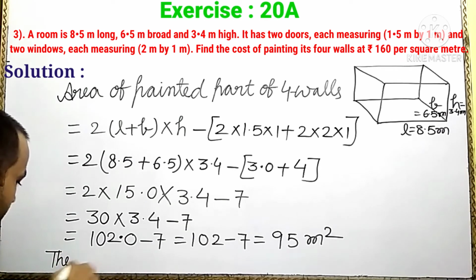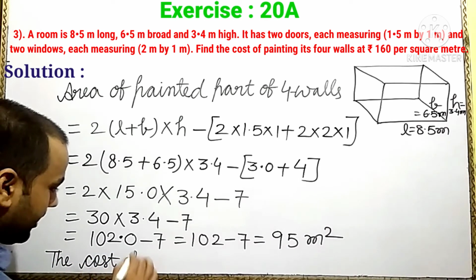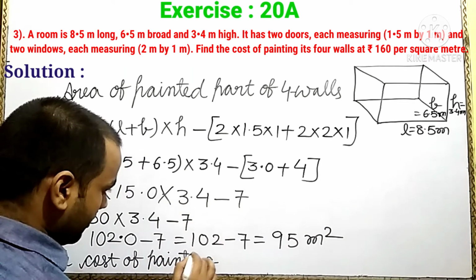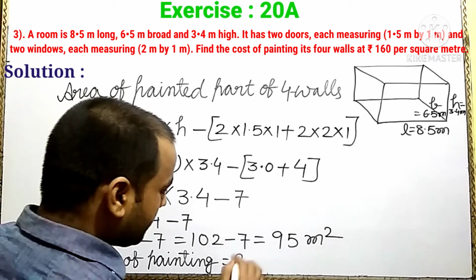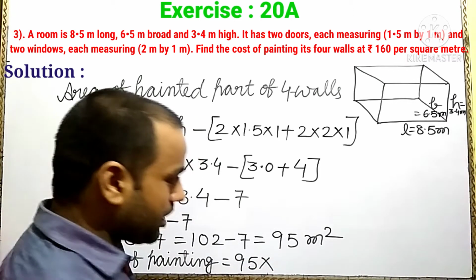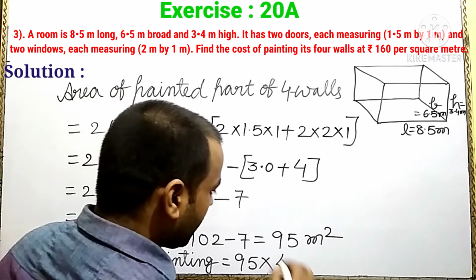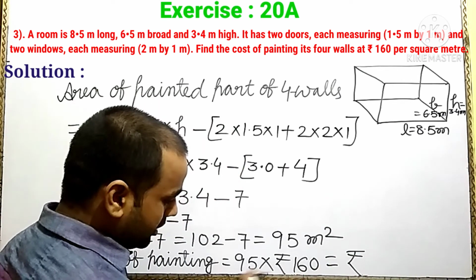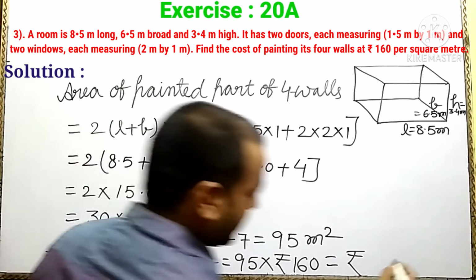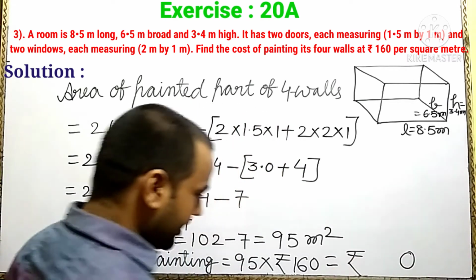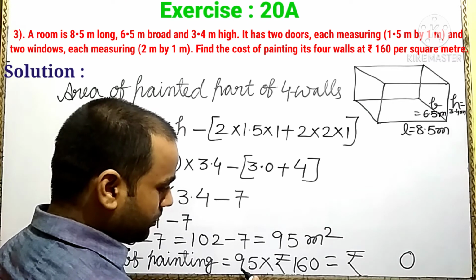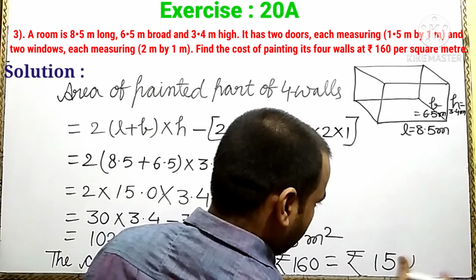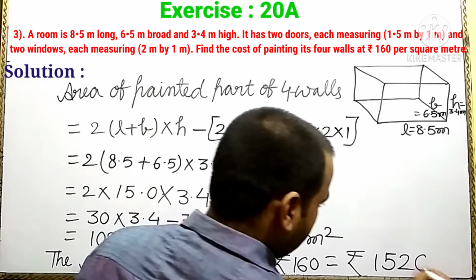The cost of painting the area to be painted, 95 square meter, at 1 square meter cost 160 rupees is equal to, here 16 into 95. 16 fives are 80, carry 8, 16 nines are 144 plus 8 is 152. And lastly we put here 10.